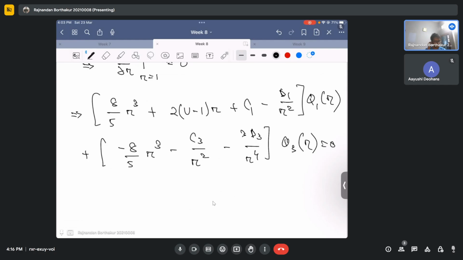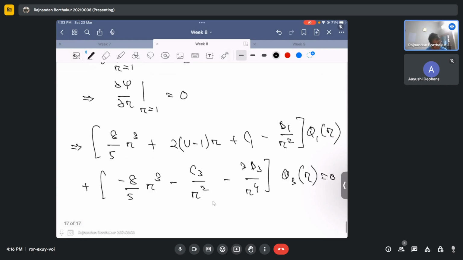And using the same logic that you said, of course we are evaluating this at r equal to 1, which means all the powers of r are just 1.